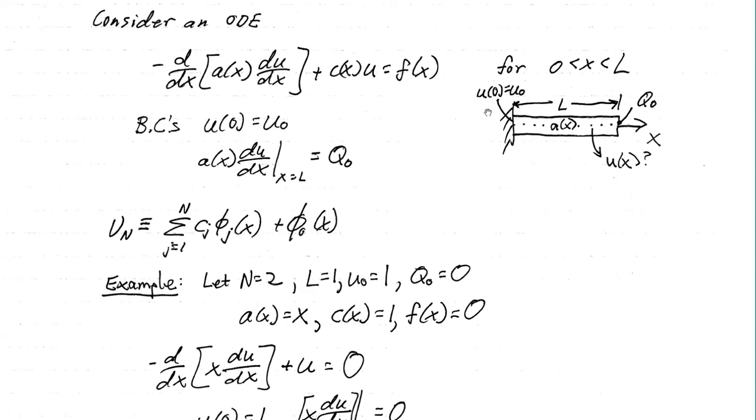Typically we'll define this as 0, and on the opposite end I'm defining this flux, which is defined by the derivative of displacement over x at the end times this constant. So in mechanics this constant would be your cross-section area times your modulus. This is your strain.